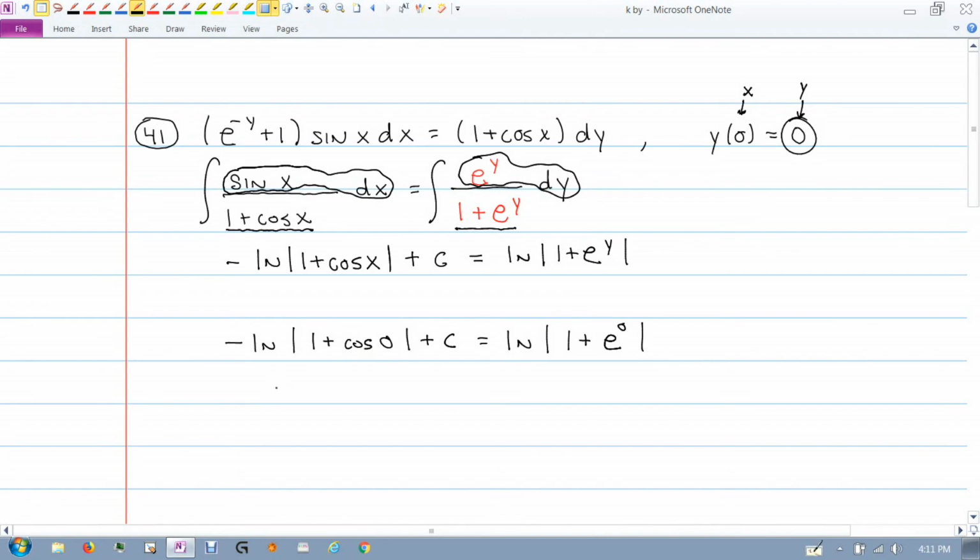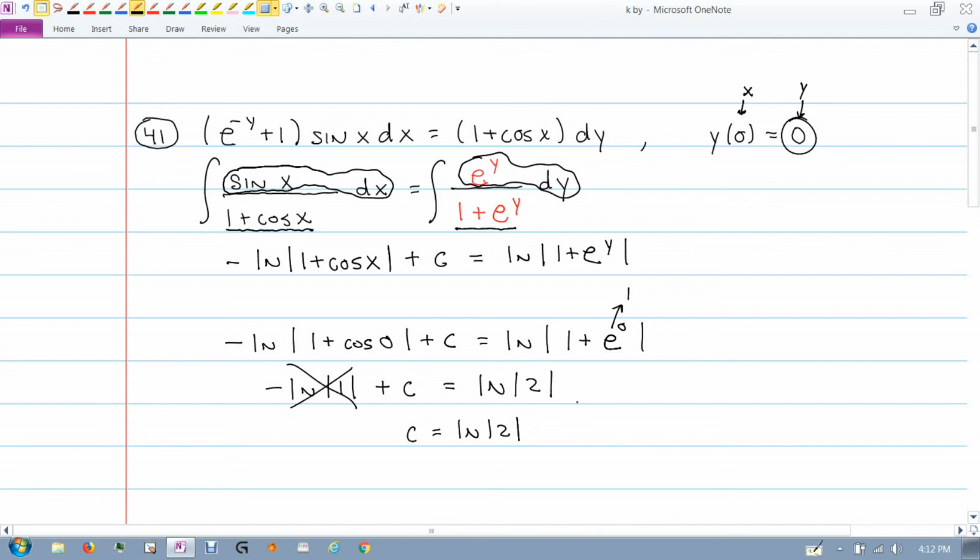And so what I get is negative natural log of 1 plus c must equal natural log of 2, and that's because e to the 0 is 1. And natural log of 1 is 0, so this is gone, and so you get that c must equal natural log of absolute value 2. You don't need the absolute value.